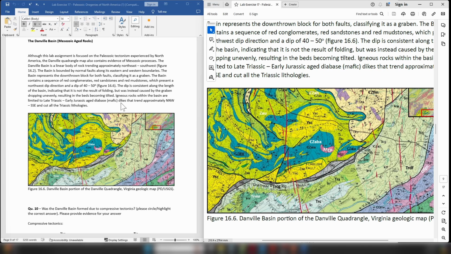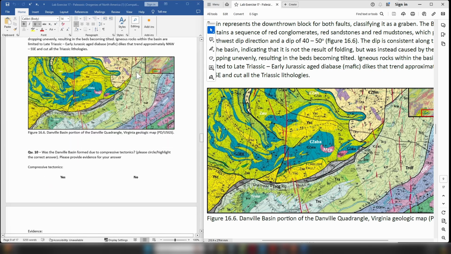And that actually makes quite a lot of sense because we have these normal faults, which once again suggest the area is experiencing some kind of extensional tectonic event. The area is being stretched. And so the presence of the Danville Basin is telling us clearly that after the compressive tectonics of the Paleozoic, something is happening in the Mesozoic that is beginning to put the area under extension.